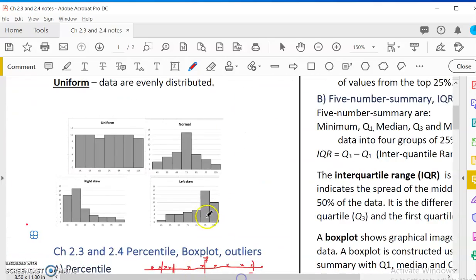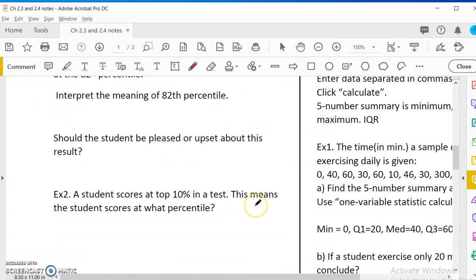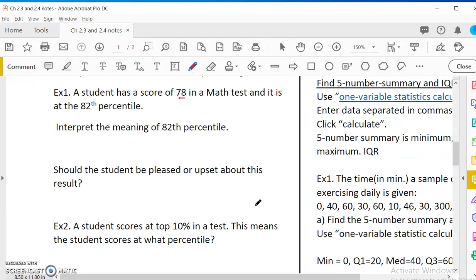Oh, I should write it down. 82nd percentile means the score 78 is better than, that means higher than, 82% of the class, of all grades in the class.